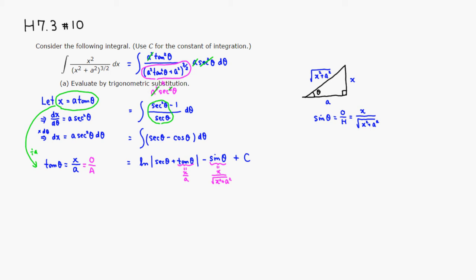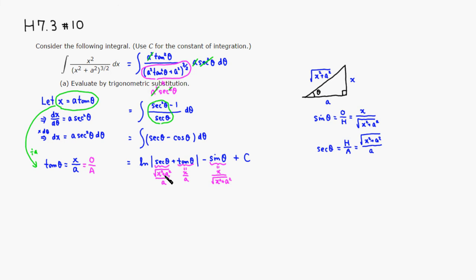Then we have to find secant. Secant of theta is the reciprocal of cosine, so it's hypotenuse over adjacent. The hypotenuse is the square root of x squared plus a squared, and the adjacent is a. So secant is the square root of x squared plus a squared over a.